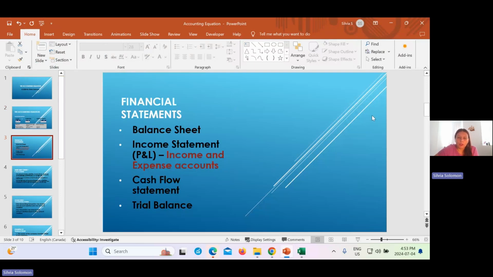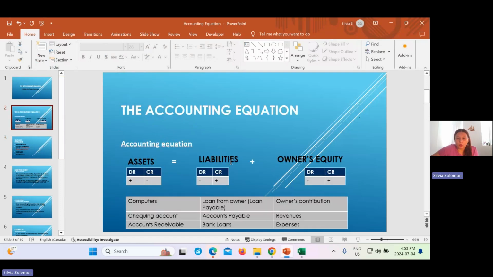And if you remember, last time we spoke about the retained earnings, which were an account of the owner's equity. The retained earnings is the profit that stays in the company after the dividends are paid, okay?